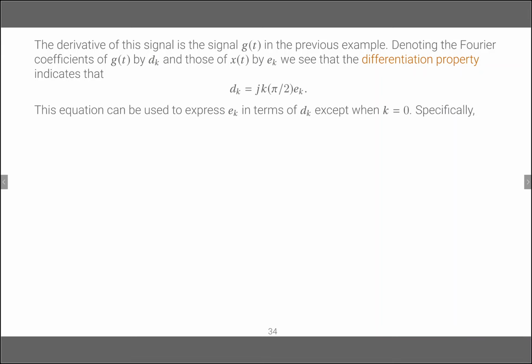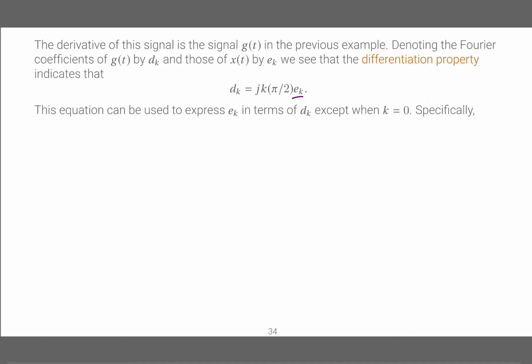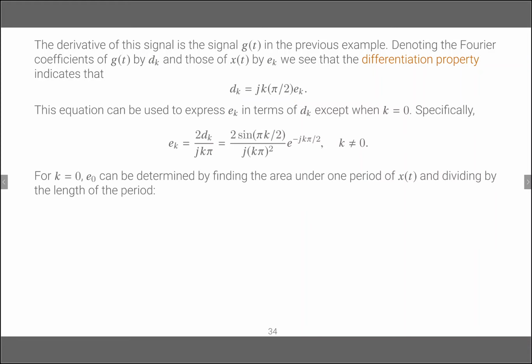So dk is then related to ek because of this relationship jk pi by 2. This equation can be used to express ek in terms of dk except when k is equal to 0. Specifically, ek is equal to 2 dk divided by jk pi. That means 2 sine pi k by 2 divided by jk pi squared.